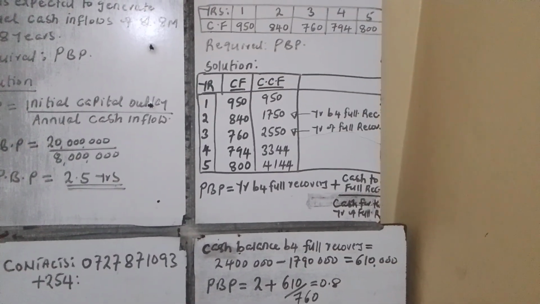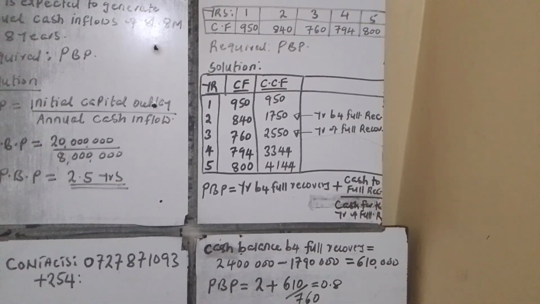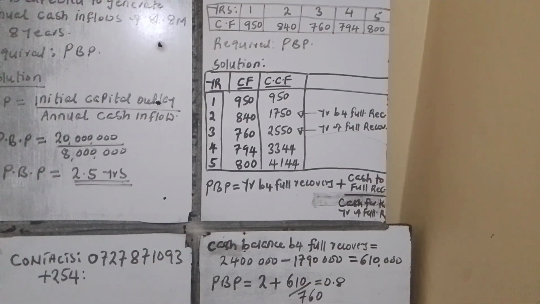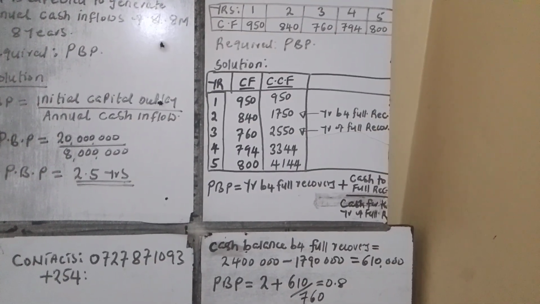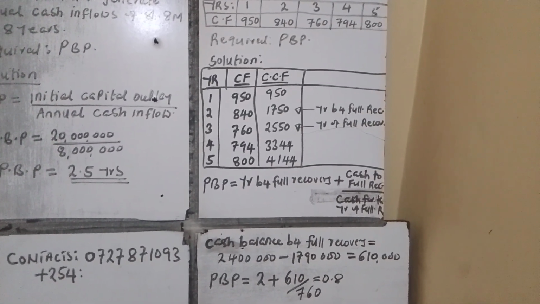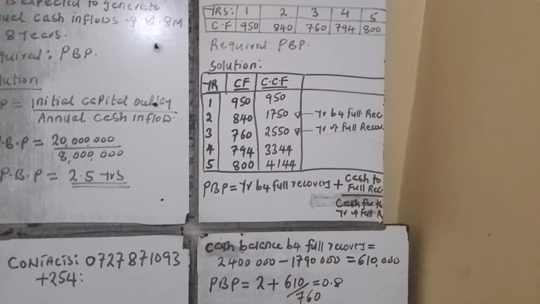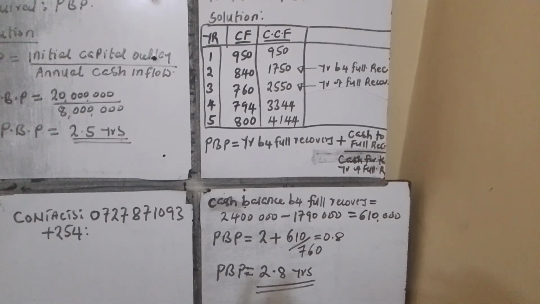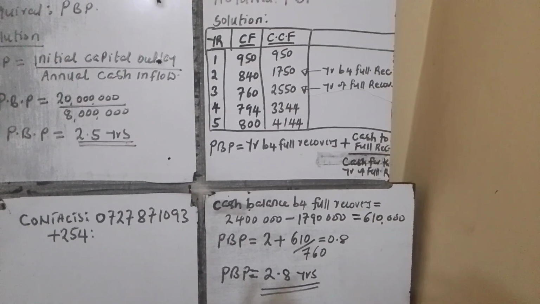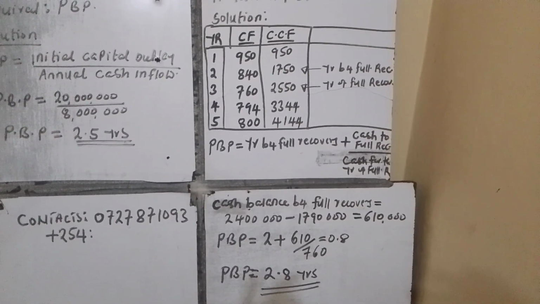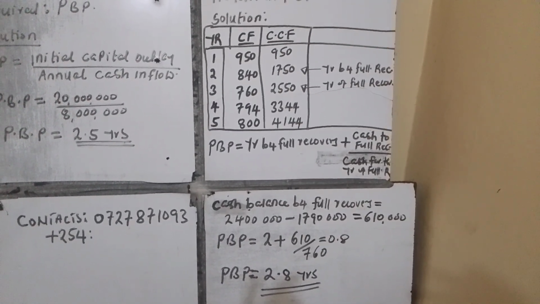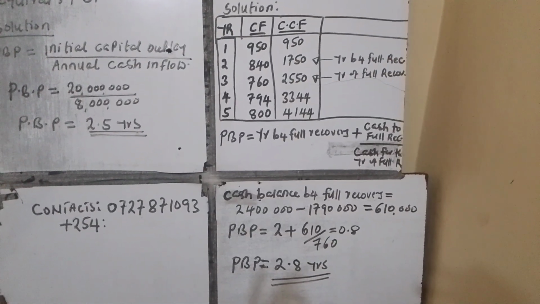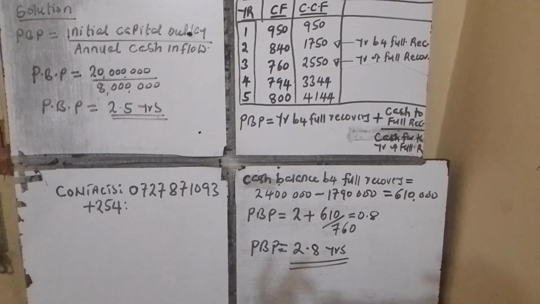So 610,000 divided by the cash flow for the year of full recovery. You can see in the third year, we generated 760. So you take 610 over 760, which is 0.8. So the payback period will be 2 years plus 0.8, which gives you 2.8 years.